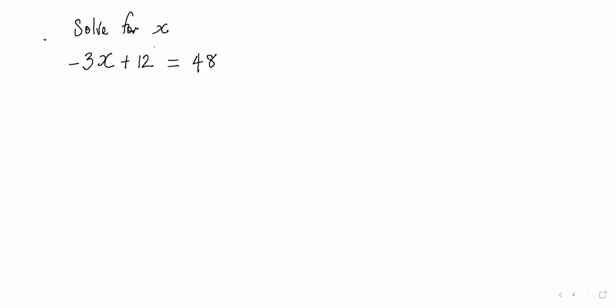Okay, so I got something now. Right, cool. That's what we're talking about. So negative 3x plus 12 minus 12 equals 48 minus 12. Now, because we kind of understand this, we're not going to do step 2 anymore. I'm going to skip that step soon.